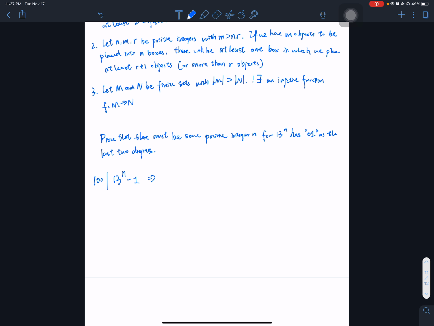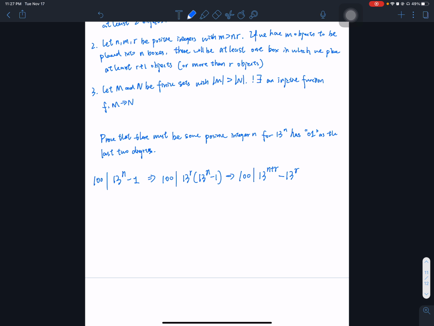Based on this formula, we know that 100 is a divisor of 13 to the r's power times 13 to the nth power minus 1, where r is a positive integer. And so 100 is a divisor of 13 to the n plus r power minus 13 to the r's power.